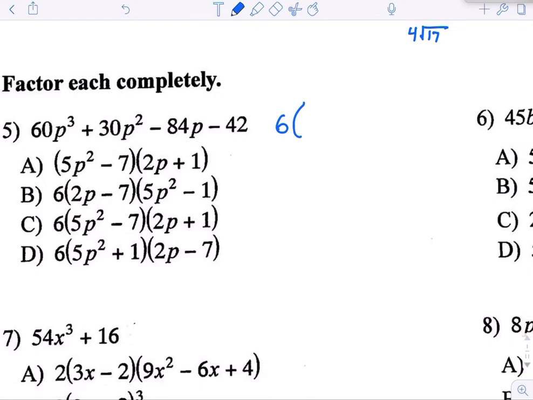I'm factoring out a 6 from each term. 60 divided by 6 is 10, p to the third. 30 divided by 6 is 5, p squared. Negative 84 divided by 6 is -14, p. And negative 42 divided by 6 is -7.